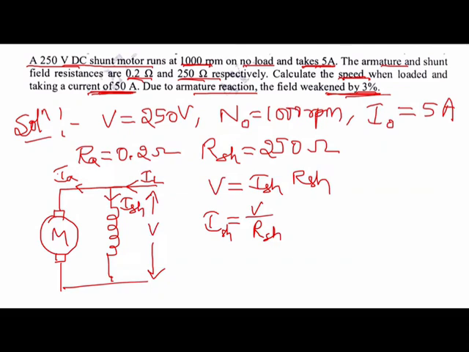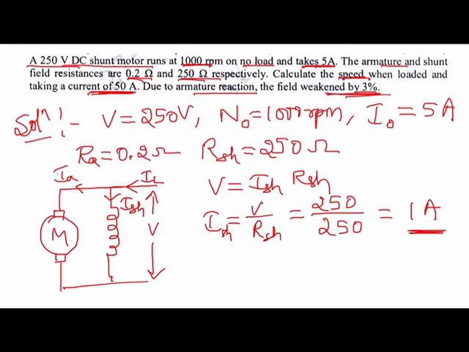V is given, it is 250 volt, divided by RSH is also given, it is 250 ohms. So current in the field winding is 1 ampere. The current in the field winding will always be constant, because the resistance of the field winding is constant.